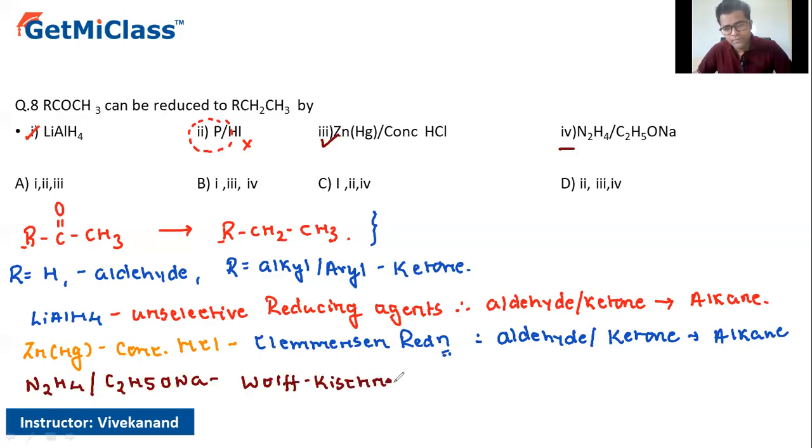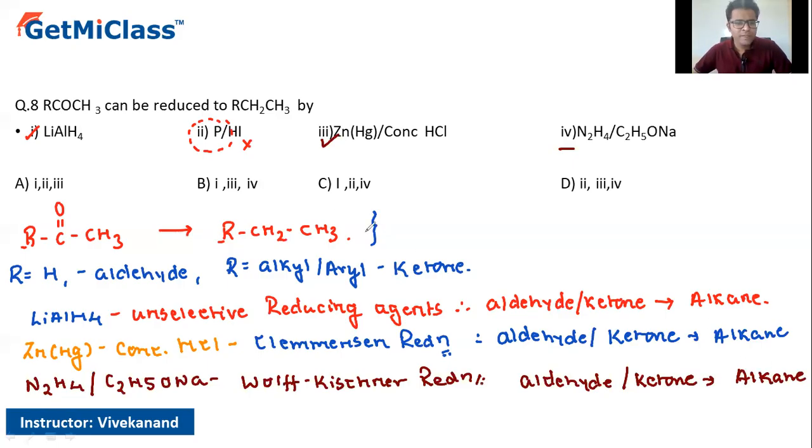Again, Wolff-Kishner reduction helps us convert an aldehyde or a ketone to alkanes. So even option 4 seems to be correct.